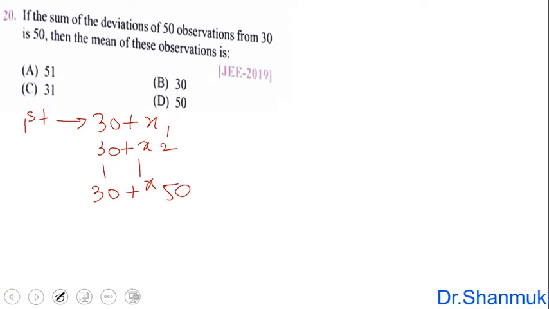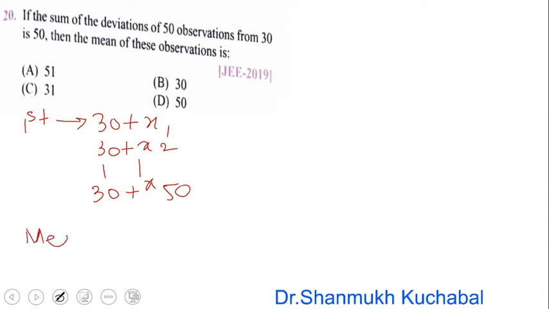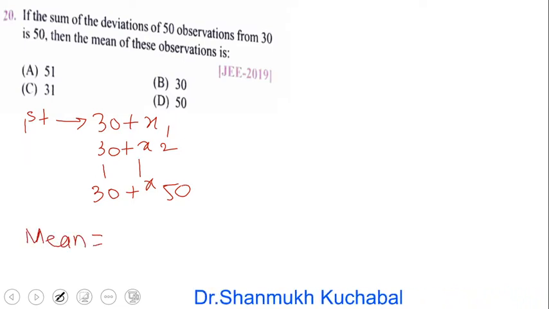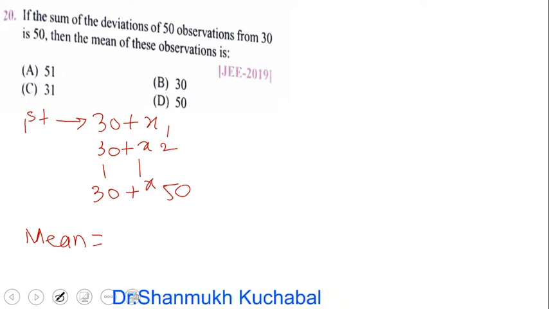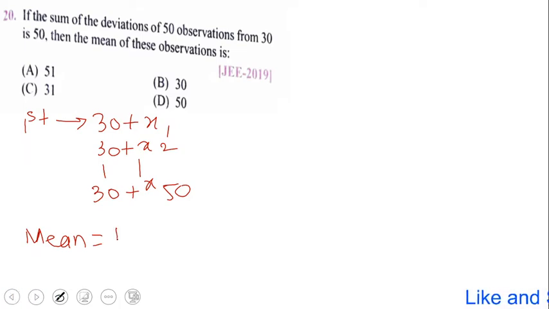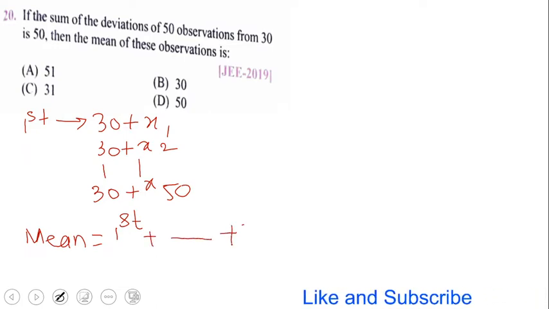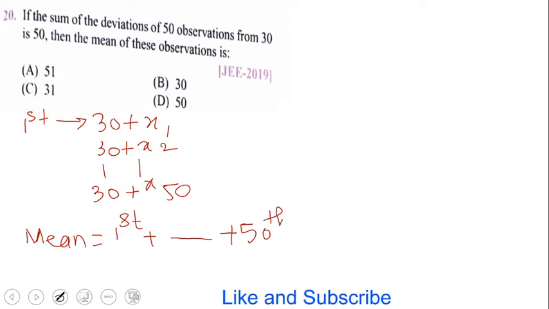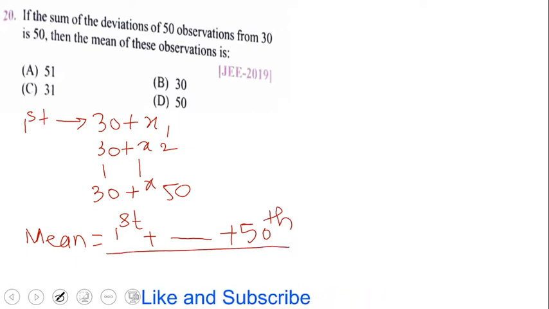Now we should find the mean. The mean is equal to the general definition: the sum of the 50 terms divided by the total number of observations, which is 50. So we get the first term, second term, and so on up to the 50th term, whole divided by 50.